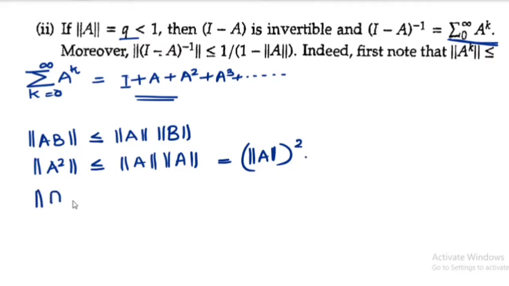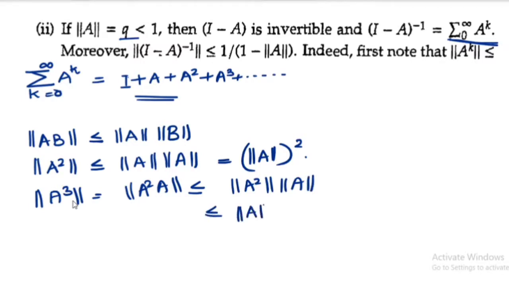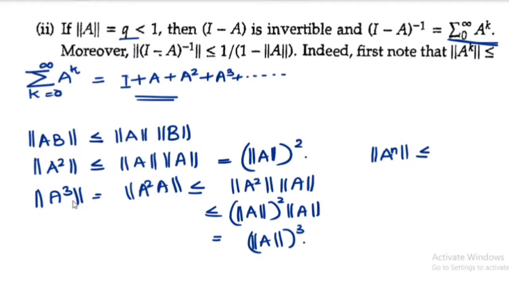Similarly, norm of A cube is norm of A square times A, which is less than or equal to norm of A square into norm of A, and this is equal to norm of A whole cube. Therefore, in general, we can easily say that norm of A raised to n is less than or equal to norm of A whole raised to n. We have this result.